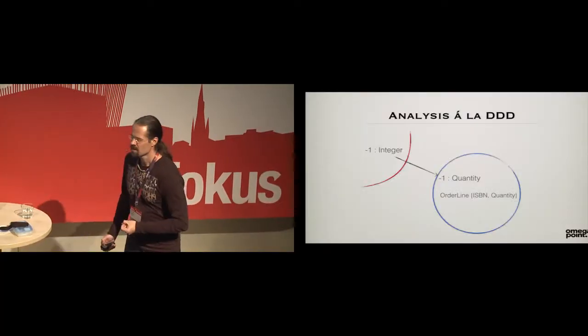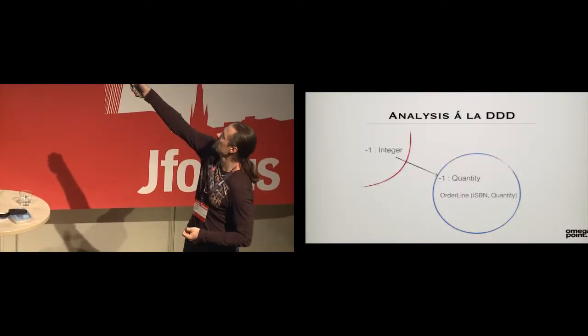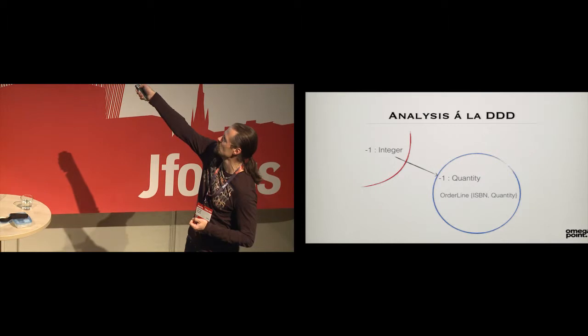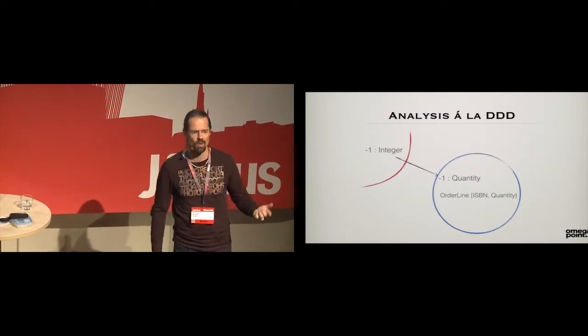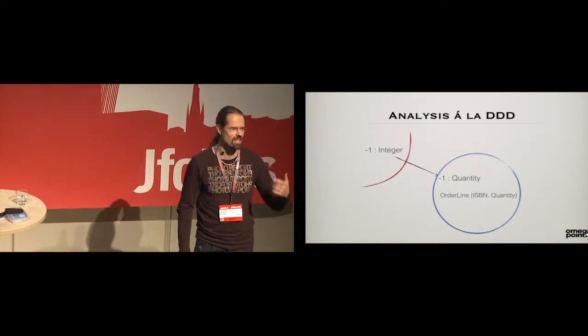Okay, so what do we want to do about it? If we're trying to solve this in a domain-driven design mindset, we say that this is not about input data validation, it's about modeling. There's an implicit concept that needs to be made explicit. So we want some kind of explicit quantity, so that when talking about order lines, we don't want to talk about strings and ints.